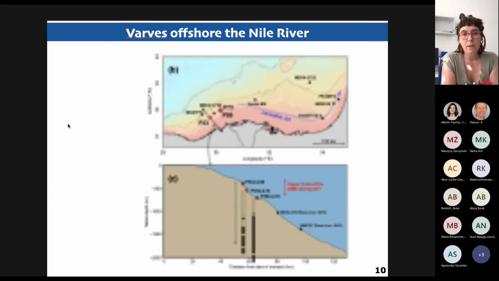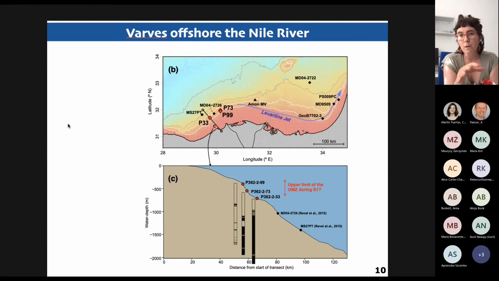So if we now look even more in detail at the deep sea fan of the Nile River, which is very, very big, I have here a collection of different cores which are either published or which I studied in these last years, and which all contain some laminations.